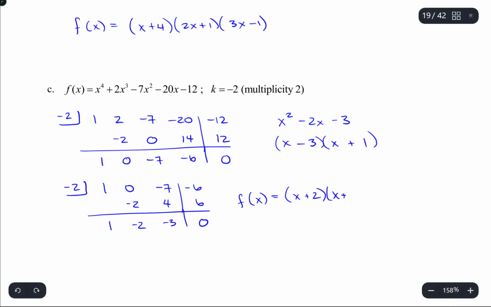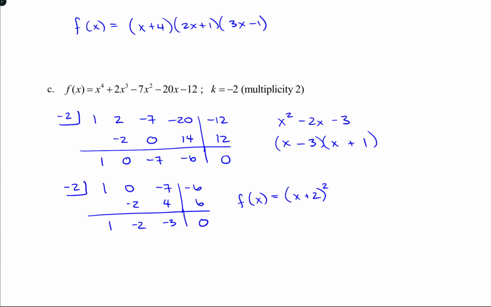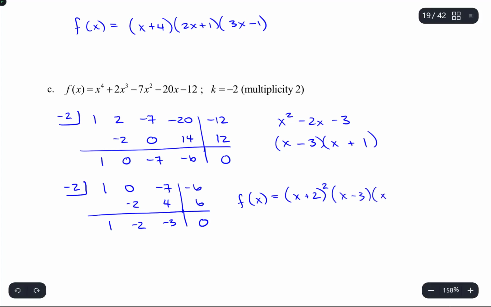And then the next factor is also x plus 2. So instead of writing it twice, we'll just use an exponent of 2. So anytime you have a 0 of multiplicity 2, it would have an exponent of 2 on that factor, that is. Then we have x minus 3 and x plus 1. And that's the final factored form.